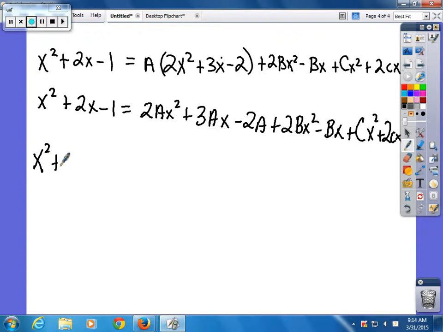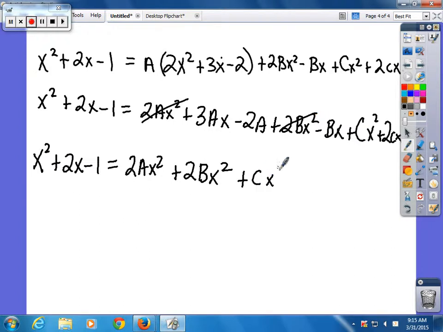X squared plus 2x minus 1 is equal to 2ax squared plus 2bx squared plus cx squared, plus 3ax, minus bx, minus 1bx, plus 2cx.